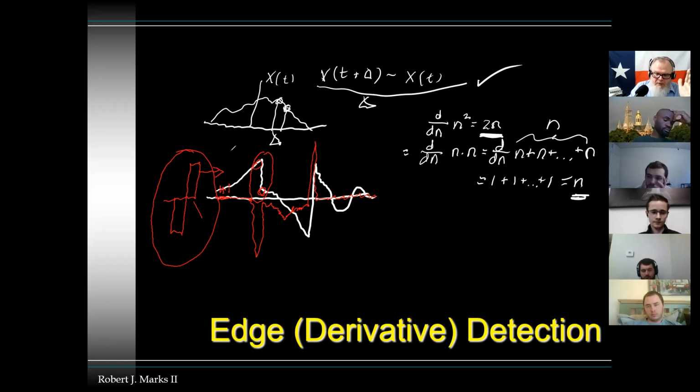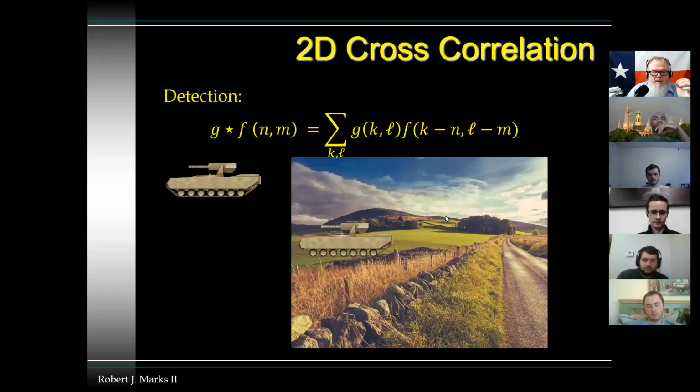That's good. Now, if you've had a course from Dr. Schubert in image processing, you're familiar with the generalization of this idea to 2 dimensions. And this is, for example, when we're trying to locate an image in a picture.